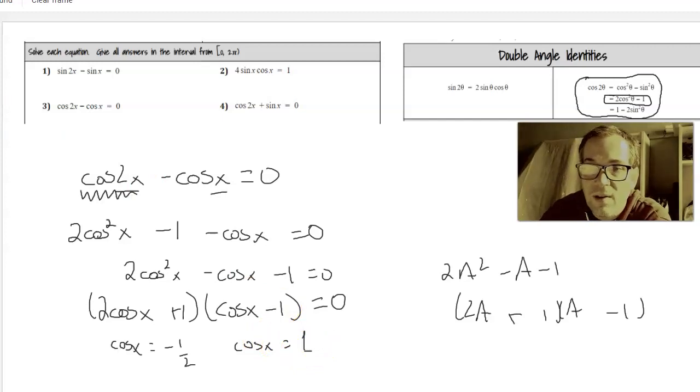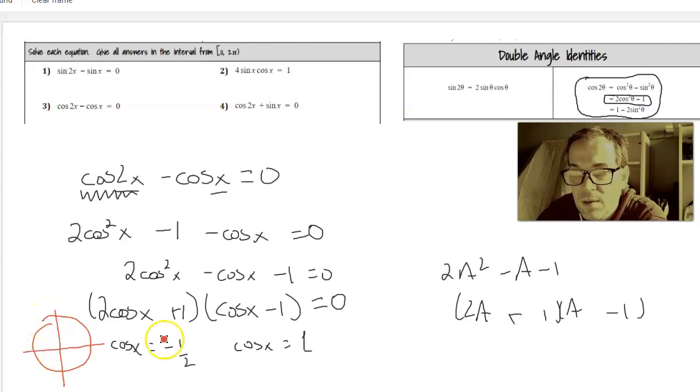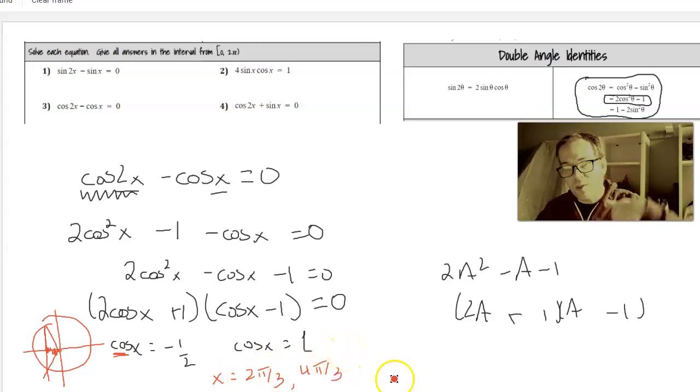And I'm going to think very carefully about the unit circle. This is the horizontal component being negative 1/2, so that's a short side on the x-axis. So that gives me these 2 pi over 3 reference angles. So x is either 2 pi over 3 or 4 pi over 3, just shy of pi or just more than pi.